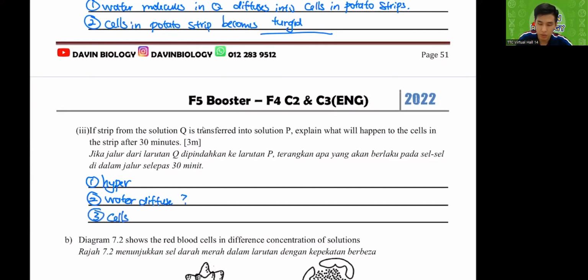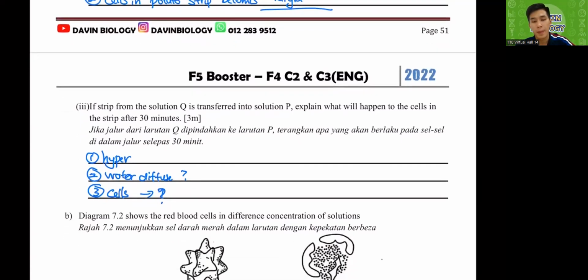Then the cells, how? Okay, come. Okay, right, this one.